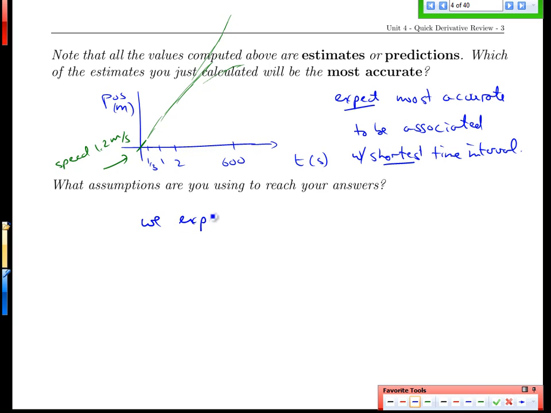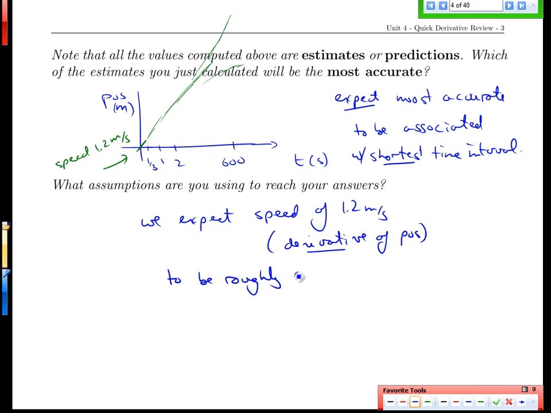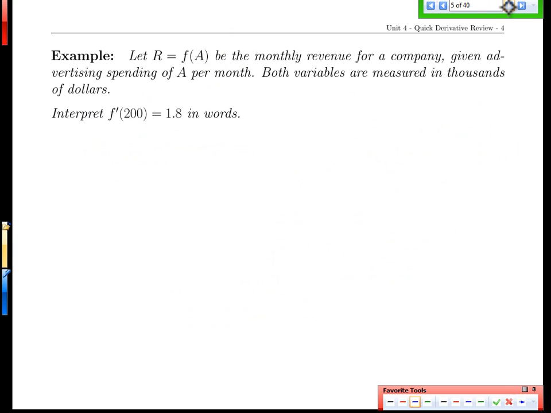So we expect our speed of 1.2 meters per second, or the derivative of position, to be roughly constant over each time interval. And whether that's true or not depends on the scenario. And the truth of it will dictate how accurate those predictions we made were.